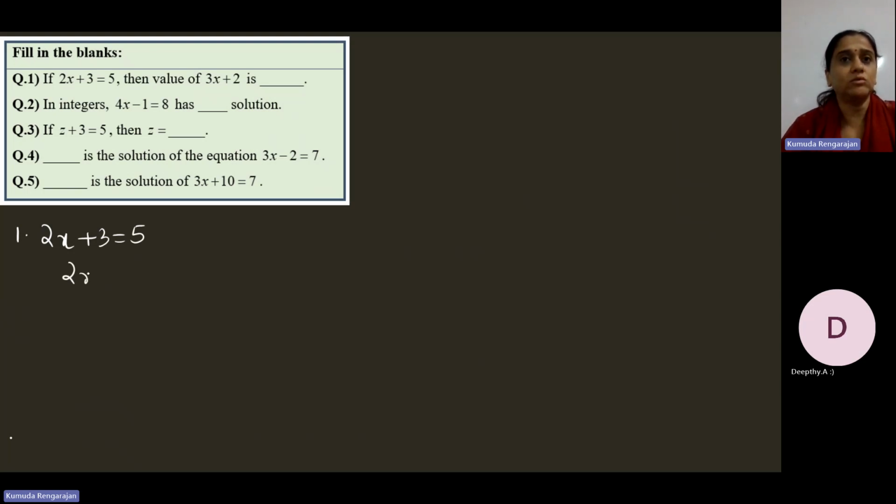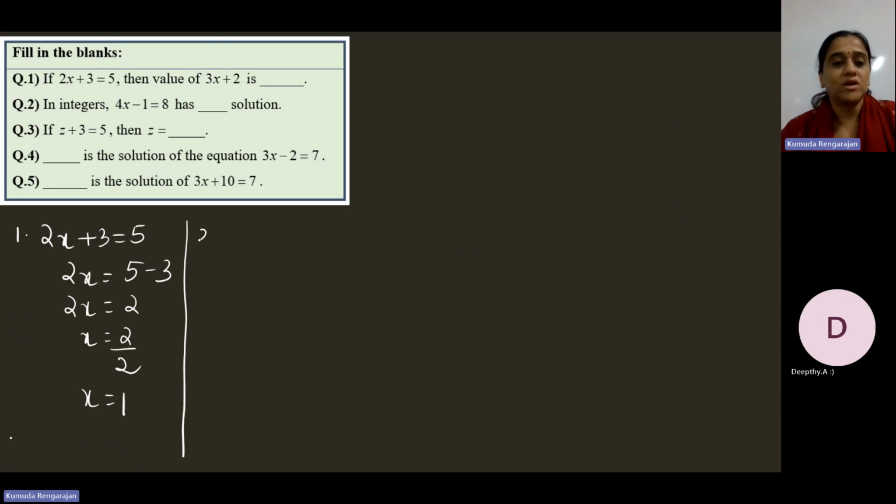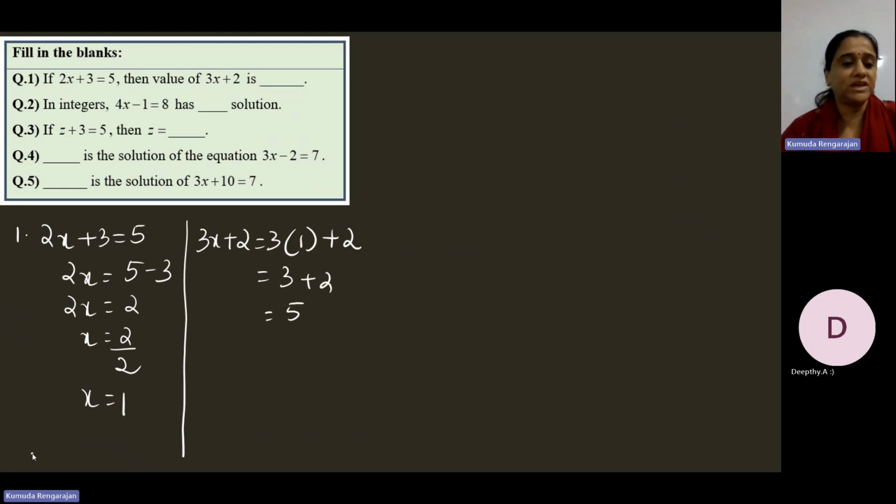So 2x is equal to 5 minus 3. Then 2x is equal to 2. x is equal to 2 by 2. So x is equal to 1. Now what's the value of 3x plus 2? 3x plus 2 will be 3 into 1 plus 2. 3 into 1 is 3, plus 2 is 5. So the value of 3x plus 2 is 5.